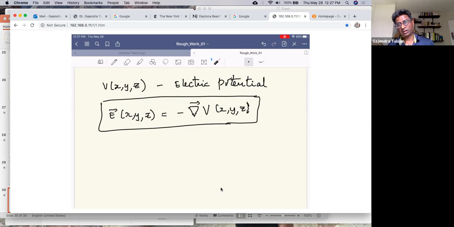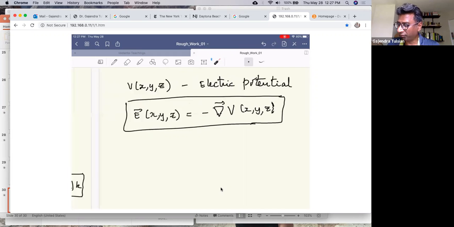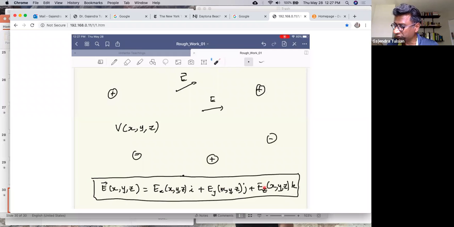And that was the punchline of this chapter. So instead of having to specify these three functions, all you have to do is specify this one scalar valued function, and you can calculate the electric field from it. Okay. And this guy is called the electric potential, and that's only possible for certain types of electric field. These fields are called conservative electric fields. Okay. And that was the point of the chapter.